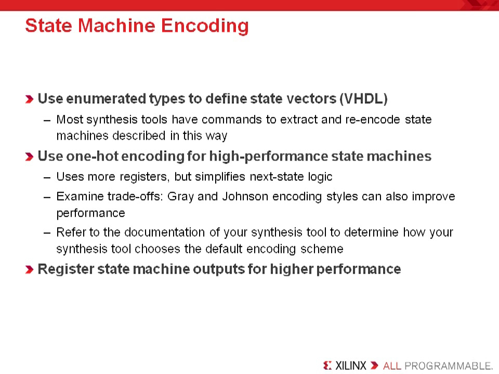One-hot encoding is thought to build the fastest finite state machine, but this is not always the case. It simply depends on the complexity, the number of inputs, and the number of states. Most synthesis tools will choose one-hot encoding based purely on the number of states. In fact, most will choose one-hot encoding when the state machine has between 8 and 16 states. You should also be sure that you register the outputs of the state machine.